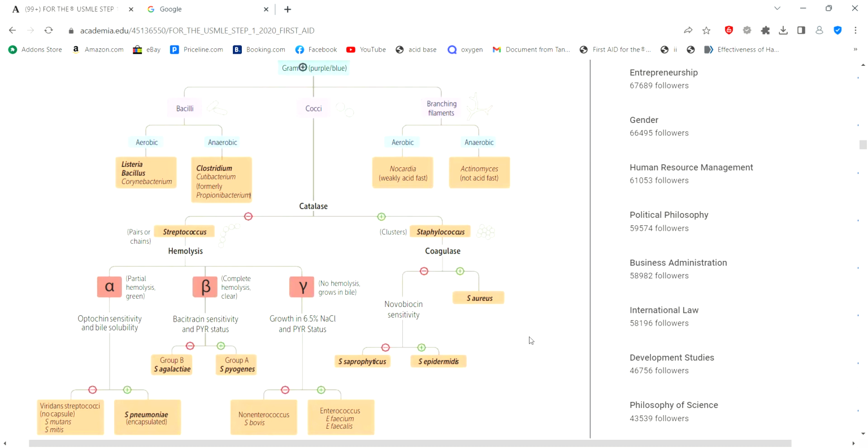So remember novobiocin resistance in Staphylococcus saprophyticus, and remember the other guy who was Staphylococcus, the guy with the indwelling catheters.